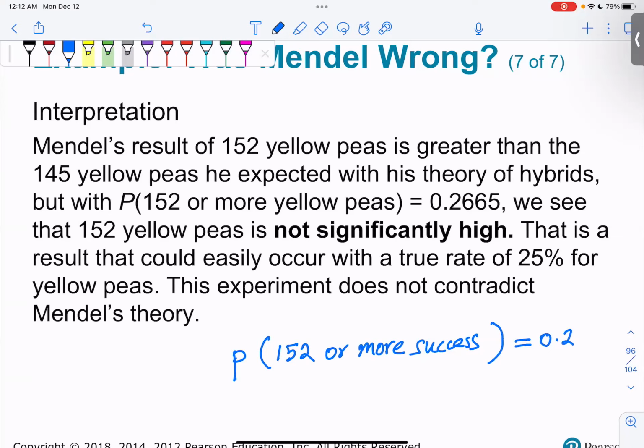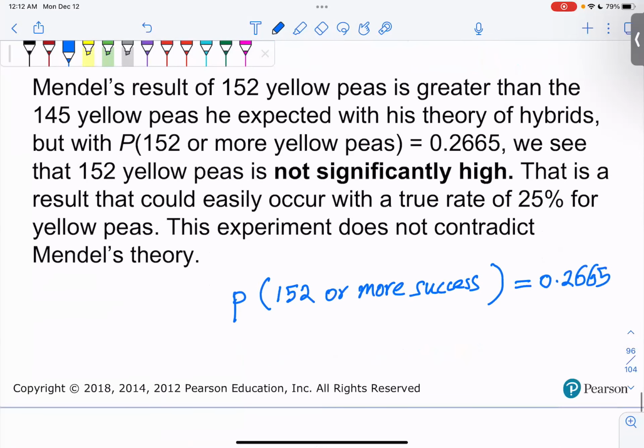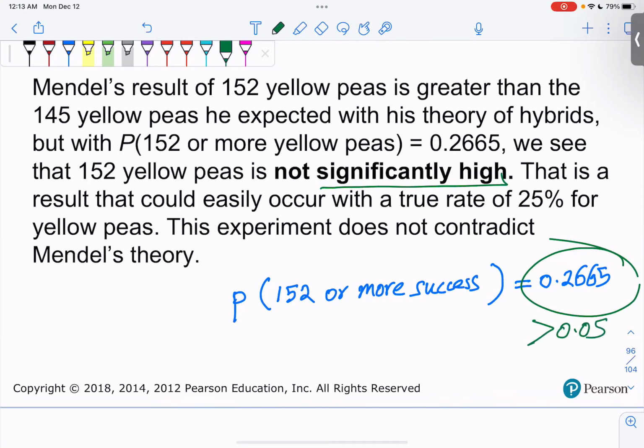If you remember, we said that if the probability of X or more successes is less than or equal to 0.05, then we can say that this is significantly high. So now 0.26 is greater than 0.05, so this is not a significantly high number of successes.